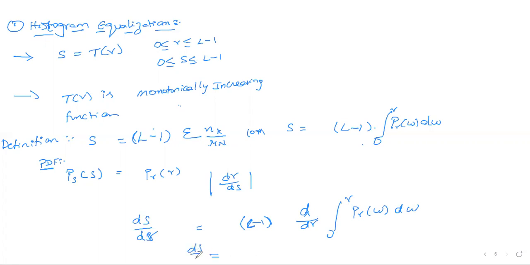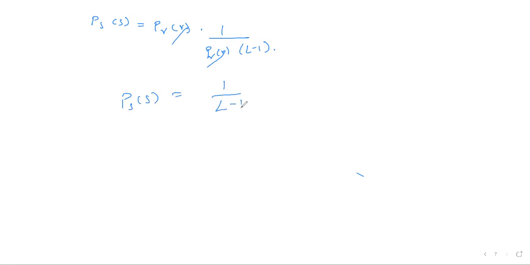So ds by dr is equal to L minus 1 into pr of r, right? Now substitute that in ps of s. pr of r into 1 by pr of r into L minus 1. So ps of s is 1 by L minus 1.